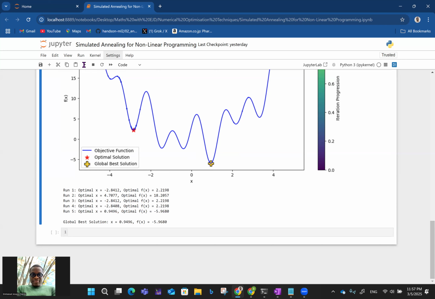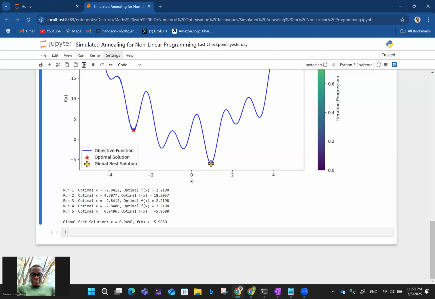So at the end of the day, you discover that the value of x is 0.9499, and f of x evaluates to -5.9680. All right, that's what the global solution is. Those red ones are possible solutions, but they are not the global minimum.